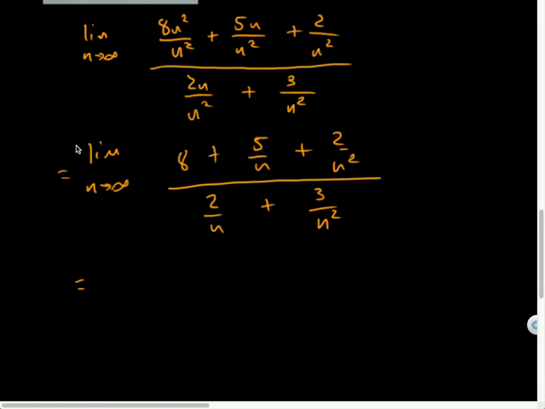So, similar situation. This is approaching 8, and these are approaching 0, 0, 0, 0. This is going to be a similar situation, isn't it? Yeah, 19 is the same.